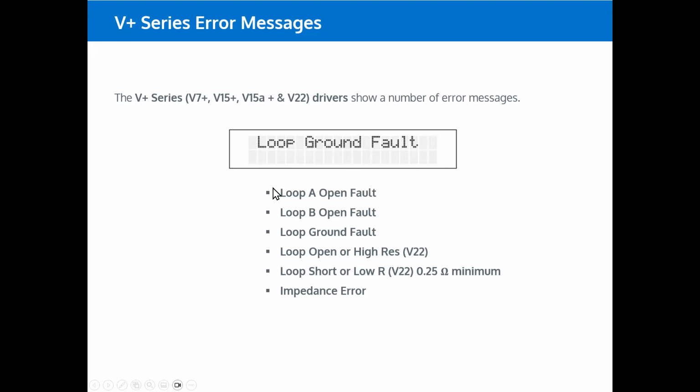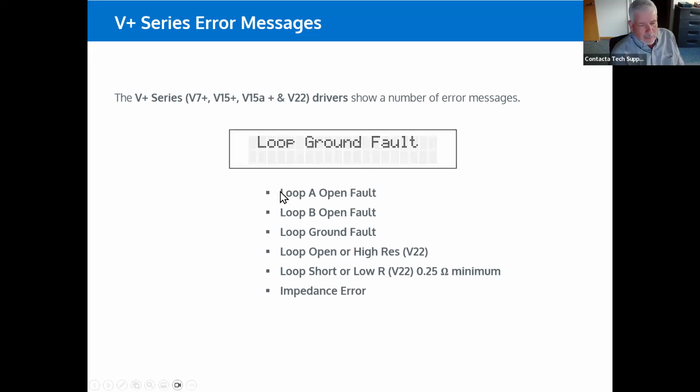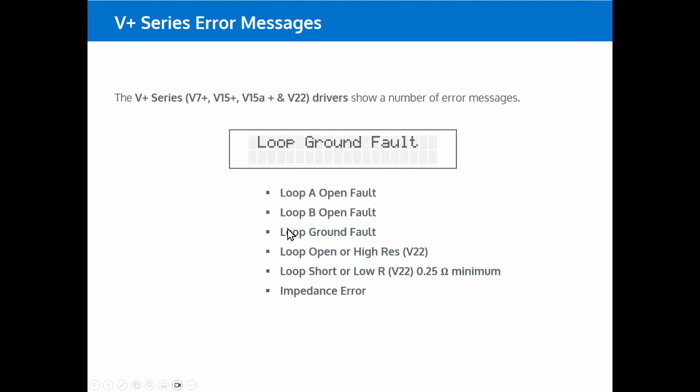I actually think these are probably a little bit more straightforward than the vPro driver messages, because it's pretty obvious. Loop A open fault means that it's detected a cut in the loop for loop A, or loop B if it's a phased array driver. And also a loop ground fault.